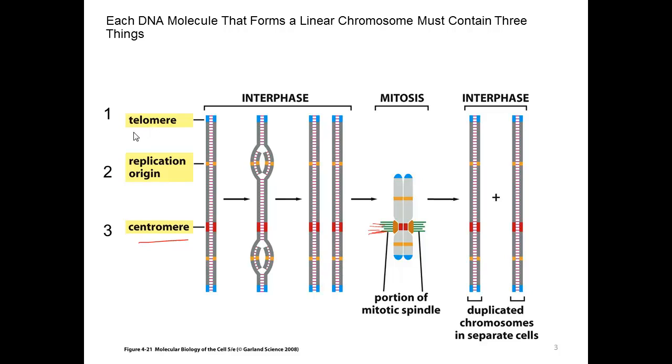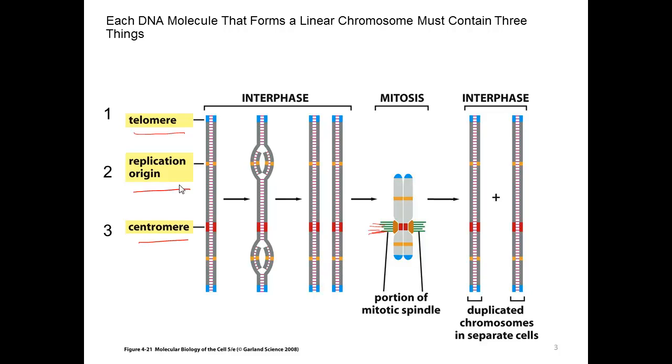The telomere is the ends of the chromosome, and they have a specific structure that helps protect the linear ends of the chromosome from degradation. Additionally, they play an important role in regulating the lifespan of normal cells. The third important part is the replication origin.